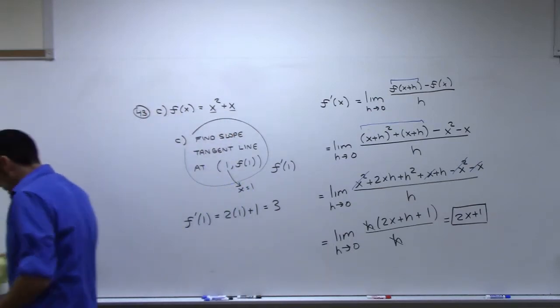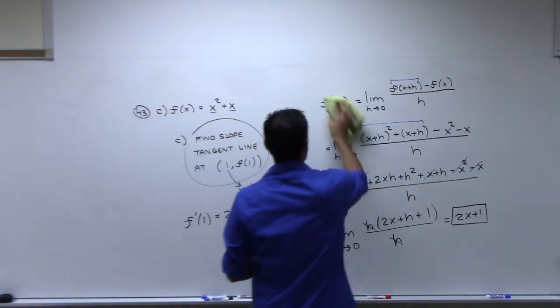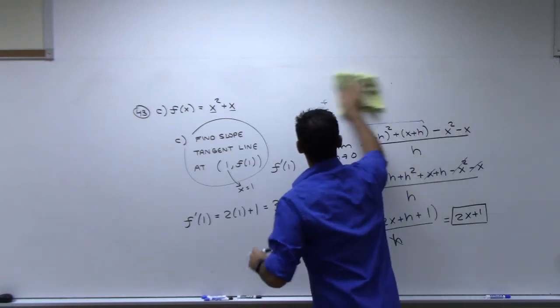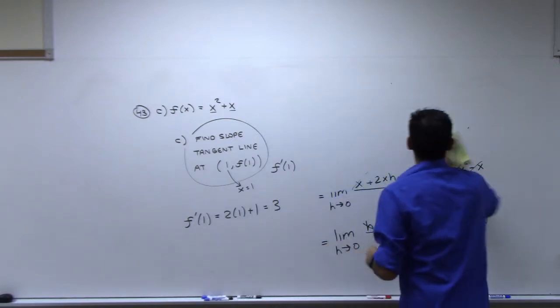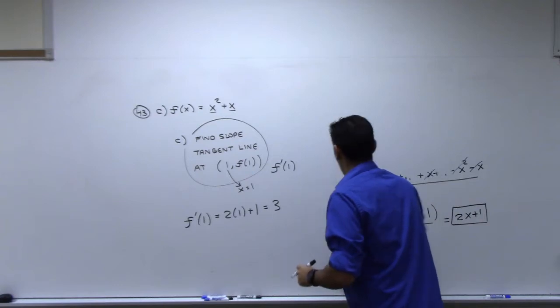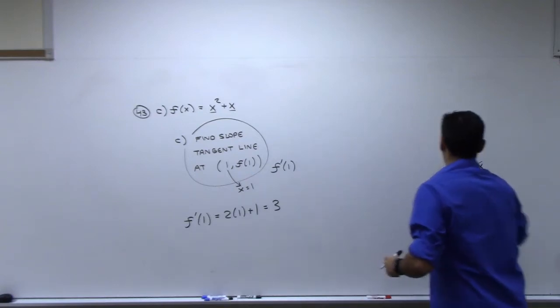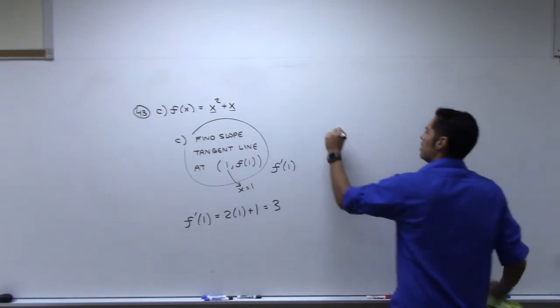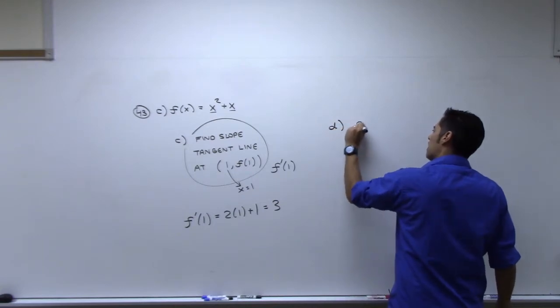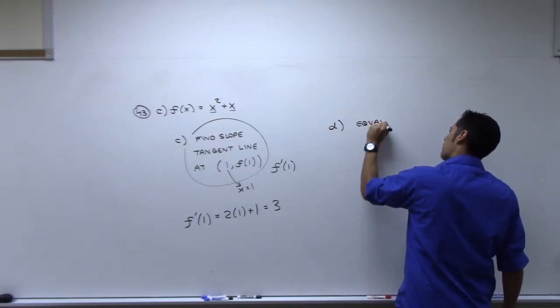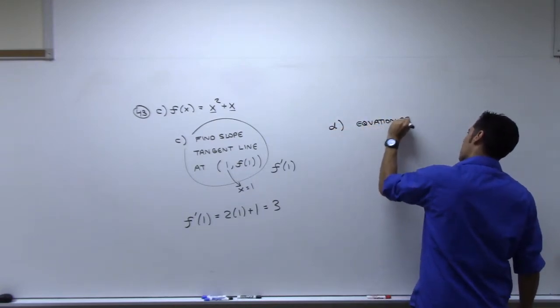Now part D. Part D is a little bit different. Part C wanted the slope of the tangent line. Part D wants the equation of the tangent line.